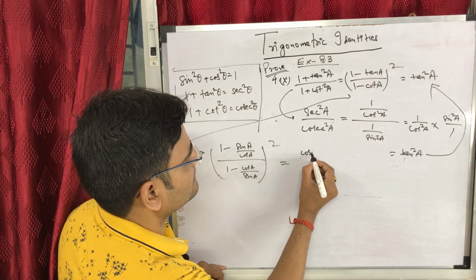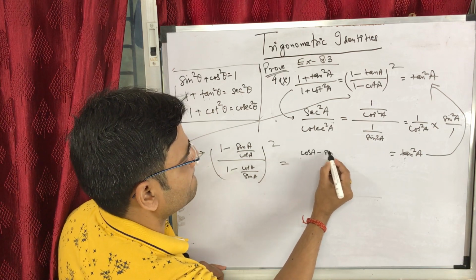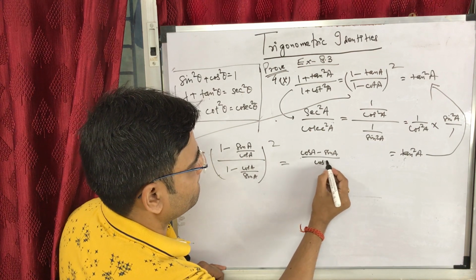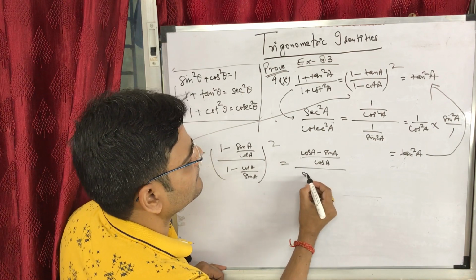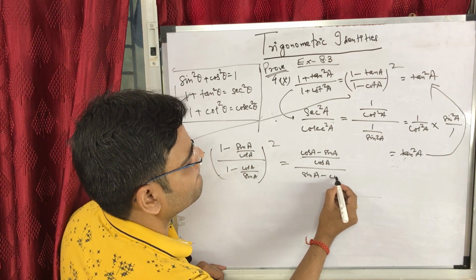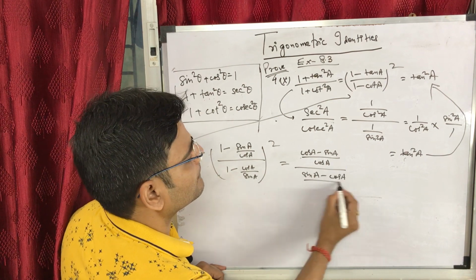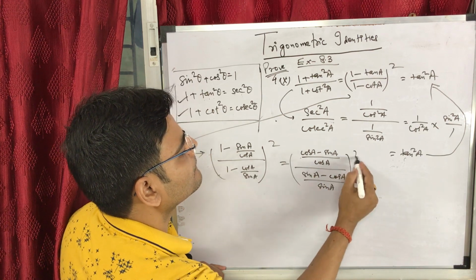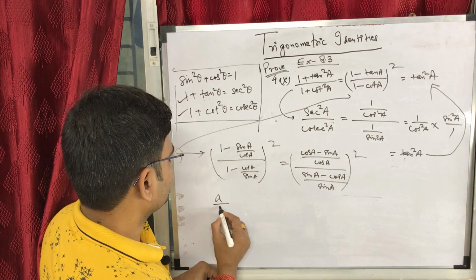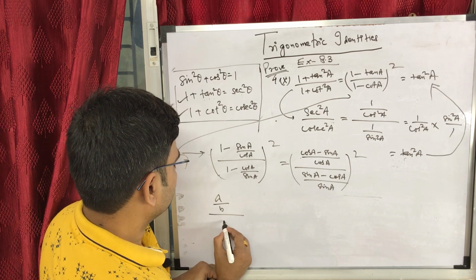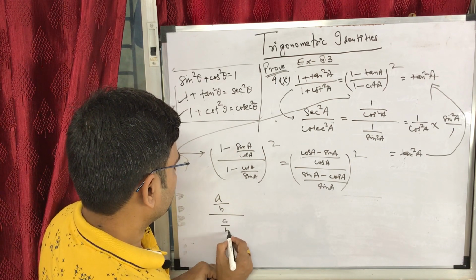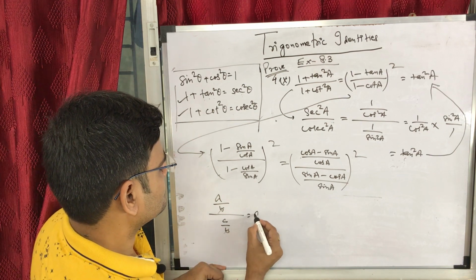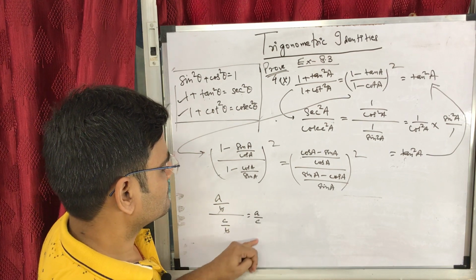That becomes (cos A minus sin A) by cos A, and this becomes (sin A minus cos A) by sin A, that is whole square. Now you know another thing, A by B by C by B, this B and this B get cancelled and you are left with A by C. Remember this.